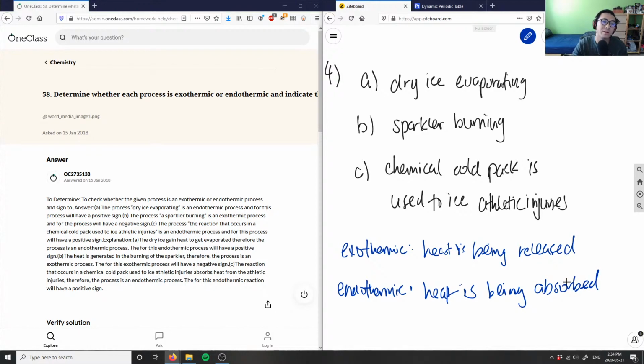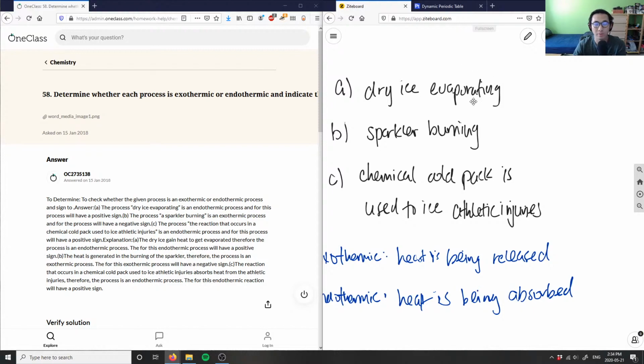So by these definitions, and I think it says indicate the sign here. It's just the sign of delta H. In this case, we have dry ice evaporating. If it's evaporating into the air, we don't have to put energy into the system for it to evaporate. It evaporates by itself here.